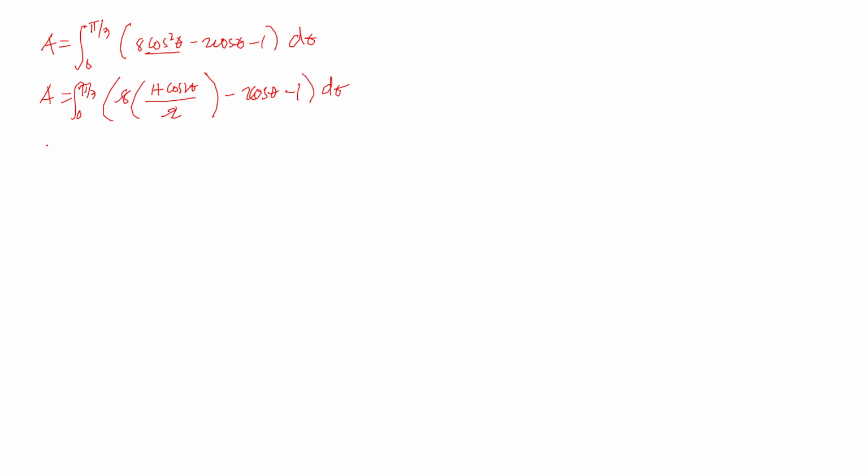So this will become, area is equal to the integral from 0 to pi over 3 of 4 plus 4 cos 2 theta minus 2 cos theta minus 1 d theta.